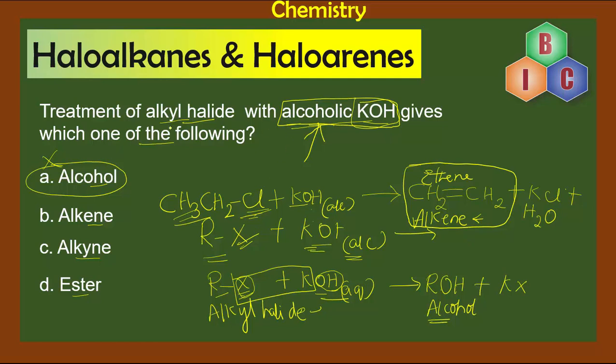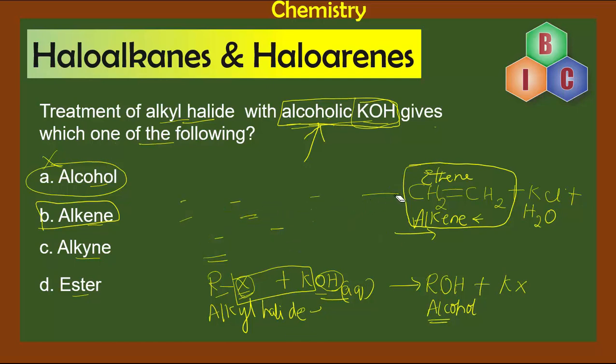So what is the correct answer? Treatment of alkyl halide with alcoholic potash gives alkene, which is option B. Answer B, alkene. So keep practicing. We are going to discuss many more questions like this from this chapter of haloalkanes and haloarenes. I wish you all the best.